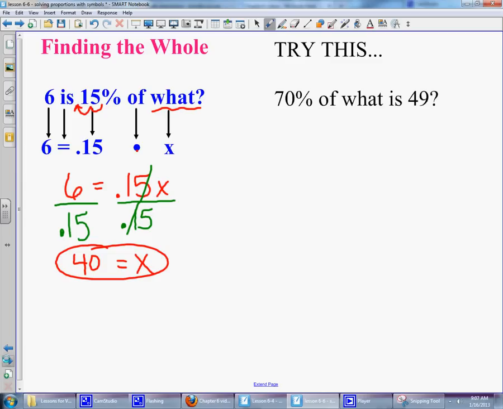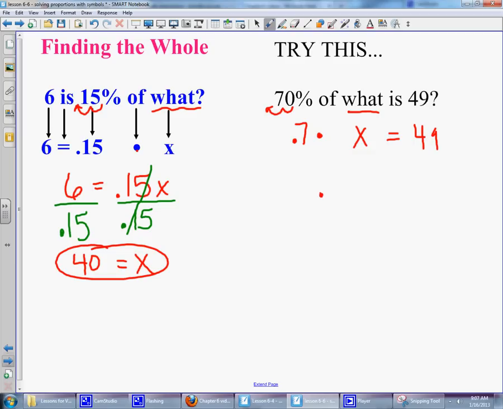Okay, so when we do this problem, 70% we need to change to a decimal, so we move it 2 places to the left. So we have 0.7, of means times, what is going to be x. We don't need the parentheses there. So we have 0.7 times what is x, is means equal, and the 49 just stays the same.